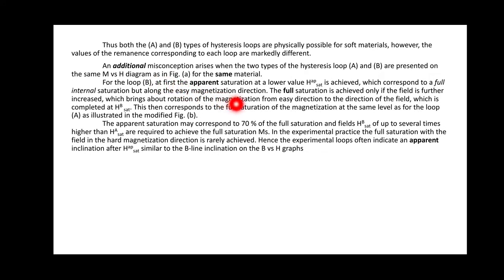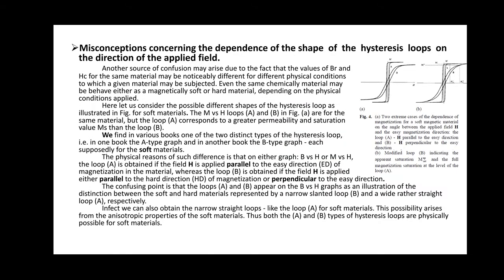Full saturation is achieved only if the field is further increased, which brings the rotation of the magnetization from the easy direction to the direction of the field, completed at B saturation. This then corresponds to the full saturation of the magnetization at the same level as for loop A, as shown in the figure.